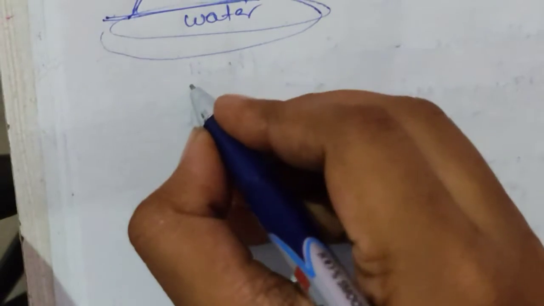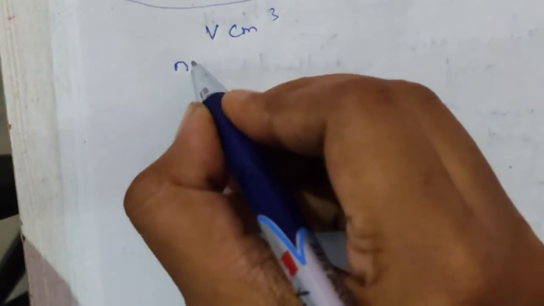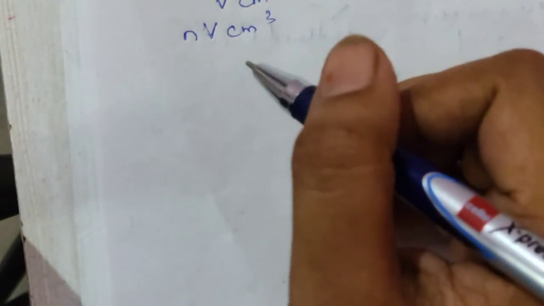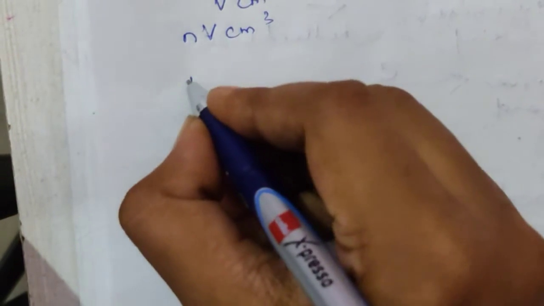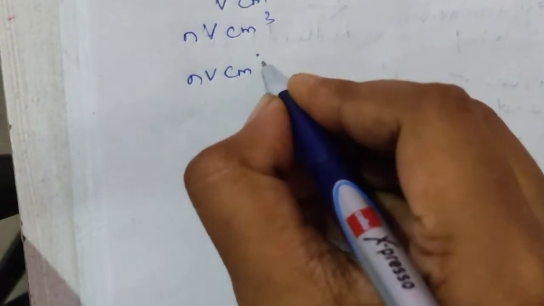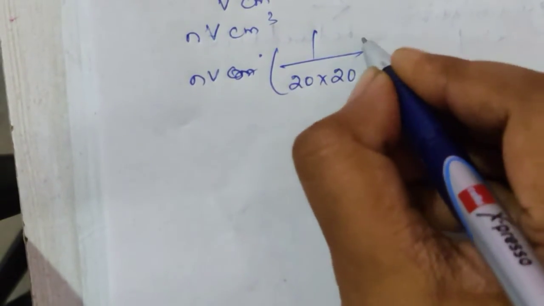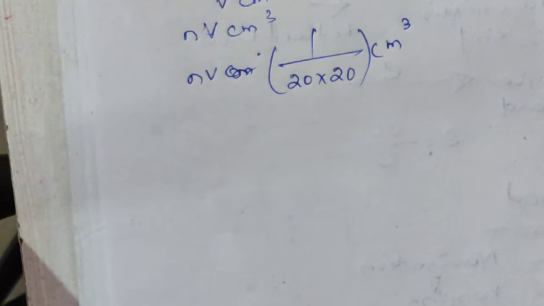In that way, suppose n drops were put in the water, and if the initial volume of the water is V cm³, after putting n drops the volume will be nV cm³, right? So now the total amount of oleic acid in the solution will be equal to nV times 1/20 × 1/20 cm³. Clear?